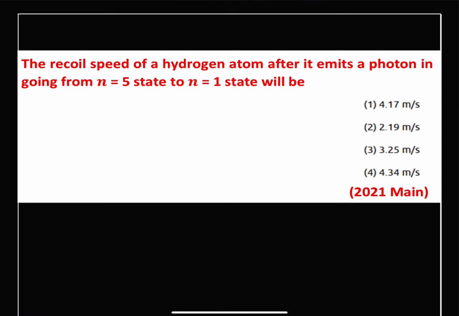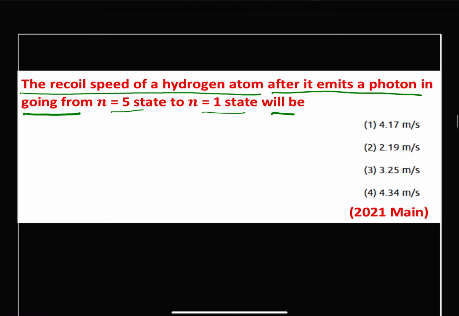It is asked that the recoil speed of a hydrogen atom after it emits a photon going from the fifth state to the first state will be. So in this case, first of all we are going to find out the energy, and then we are going to use the conservation of momentum to find out the recoil speed.